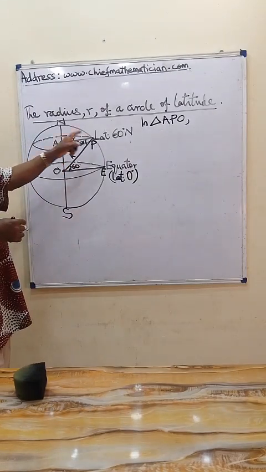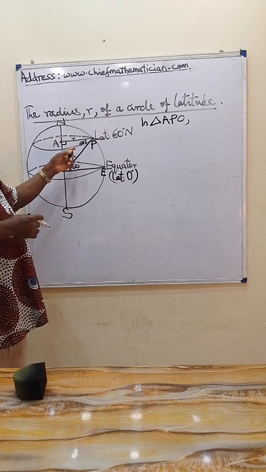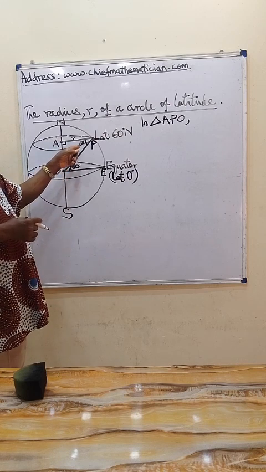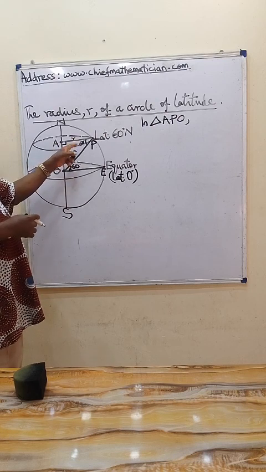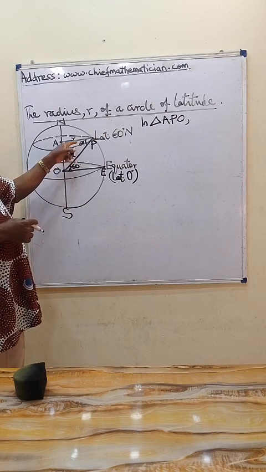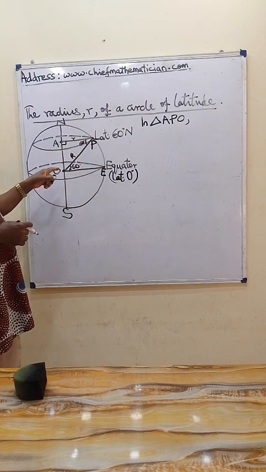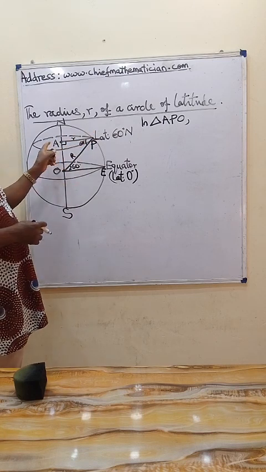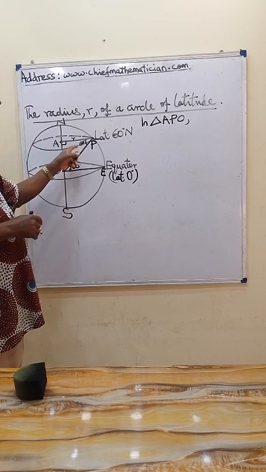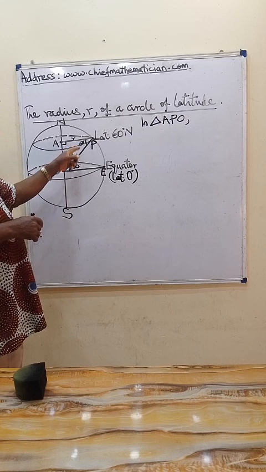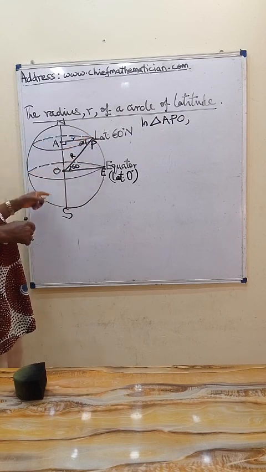In triangle APO, we can talk about the cosine of this angle. The cosine of angle APO is what? Adjacent upon hypotenuse. Take note. In triangle APO, cosine 60 degrees is equal to adjacent upon hypotenuse.